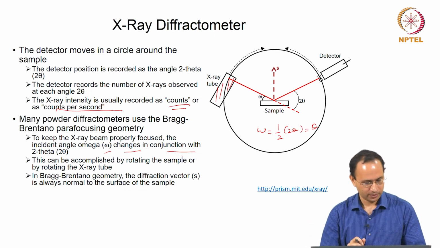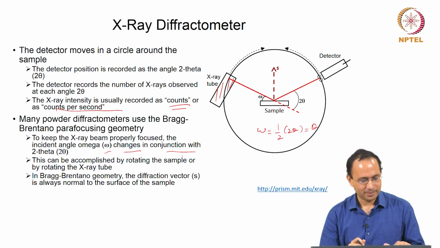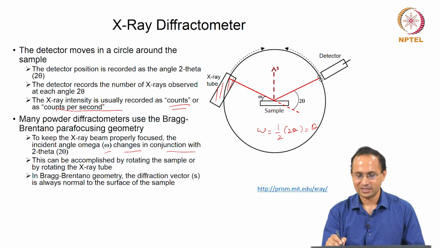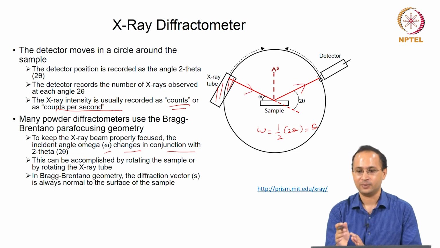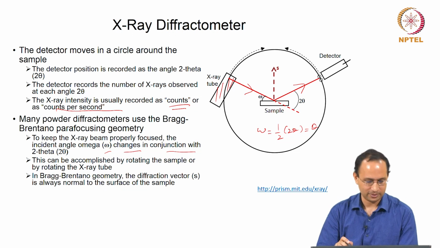Basically, in Bragg-Brentano geometry, the diffraction vector S is the vector which bisects your incident and diffracted beams. You have the incident beam and the diffracted beam, and this vector bisects them. So it is always normal to the surface of your sample.